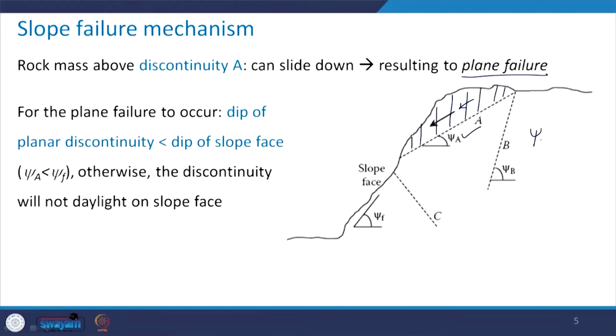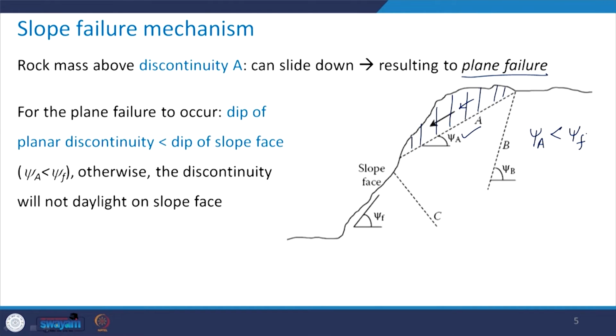So, the first condition is that the dip of the discontinuity, that is psi A, should be less than the dip of the slope face, that means psi f. I am writing it as f because f is face.